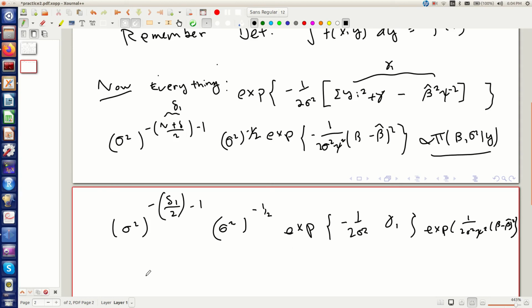This parameter is defined elsewhere, and I think everything else is self-explanatory here. Okay, so what I've written is now proportional to this marginal.